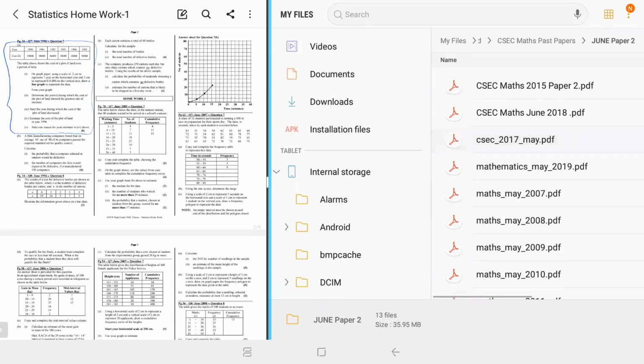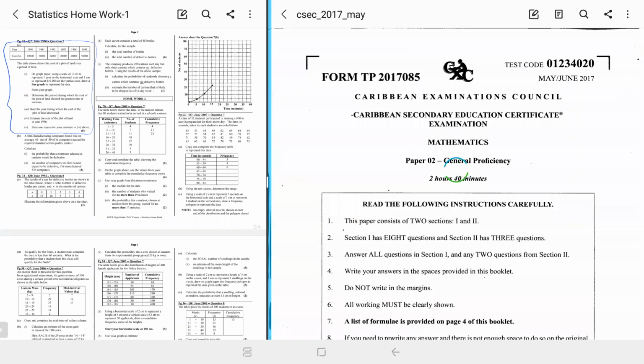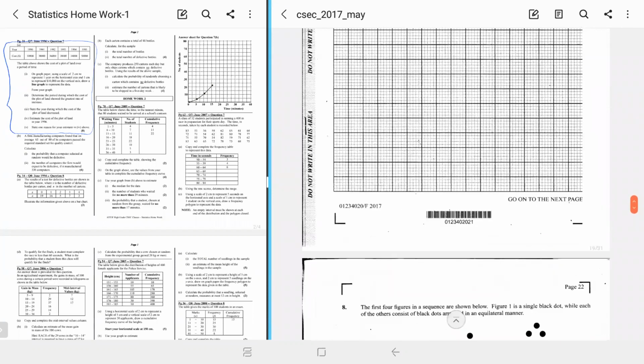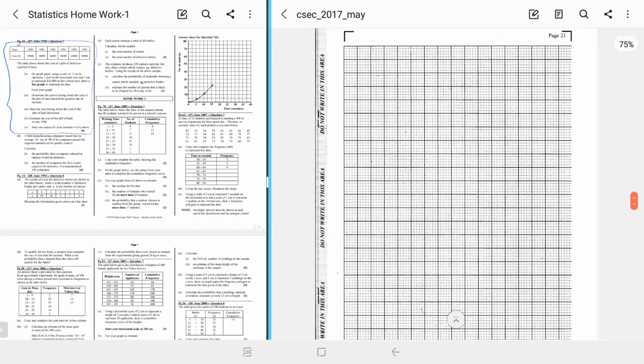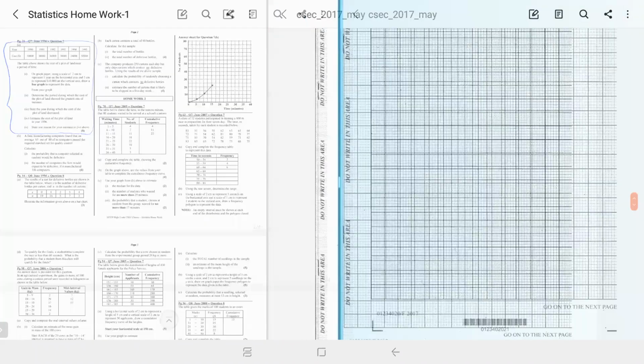This one has graph paper on it. I think we can use it. There you go. I know my papers. All right, so I've got paper here that I can use.